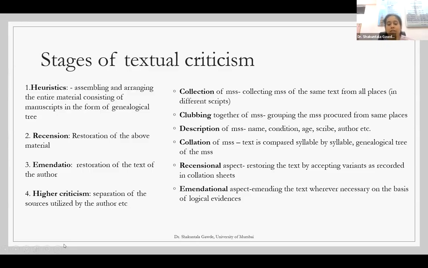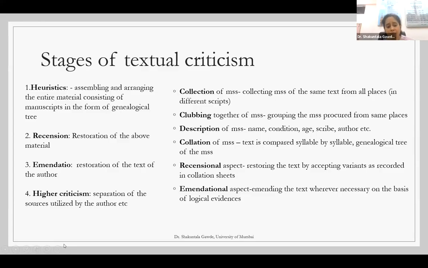Maybe they can be clubbed according to, first of all, various scripts. Like Sharada manuscripts can be clubbed together. Nevari manuscripts can be clubbed together. Then they also need to be grouped according to regions, various regions, like northern, western, or the southern, like that. Whatever the availability is, accordingly they need to be classified.